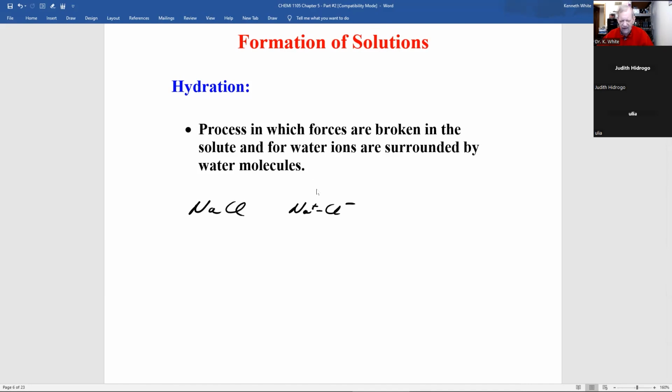When you put it in water, this ionic bond is broken, and you have each ion, positive, negative, surrounded by water. And the slight negative charge does this, and you've got more water. It's not really reacting. It's called hydration. And the same thing would happen with the chloride anion.